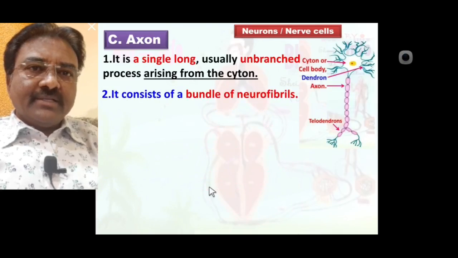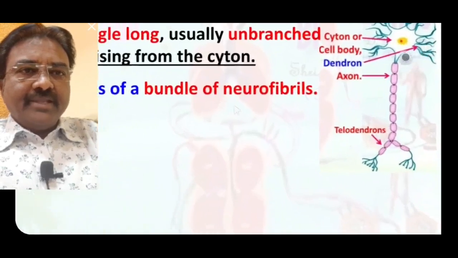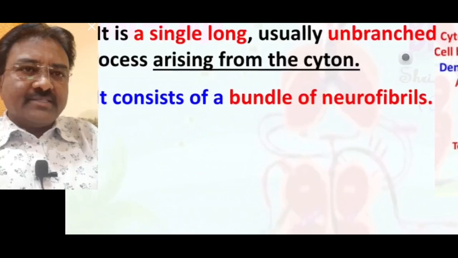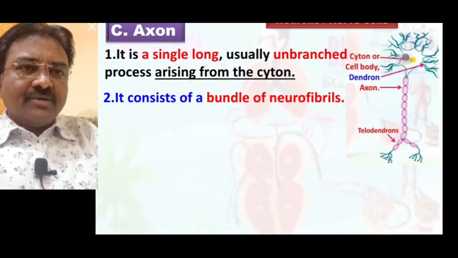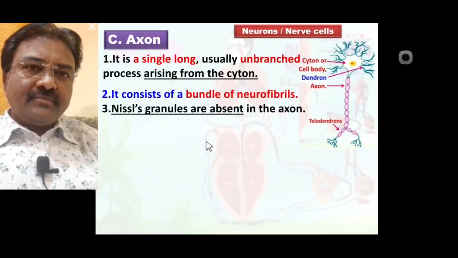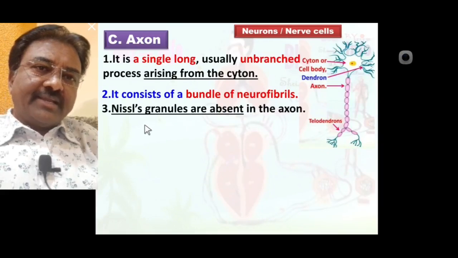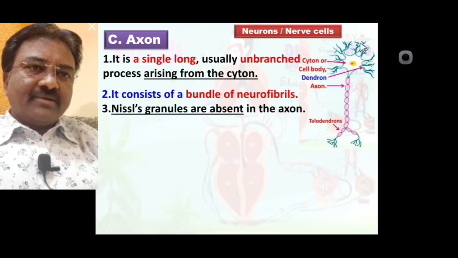Second point, it consists of a bundle of neurofibrils, means inside the axon is present a bundle of neurofibrils. Nissl's granules are absent in the axon. Always remember, all nerve cell parts contain Nissl's granules except the axon.